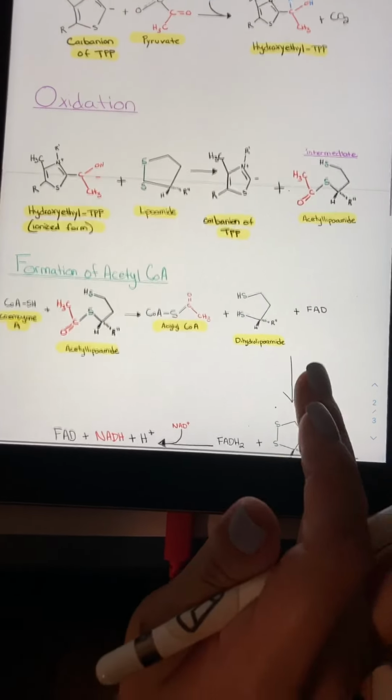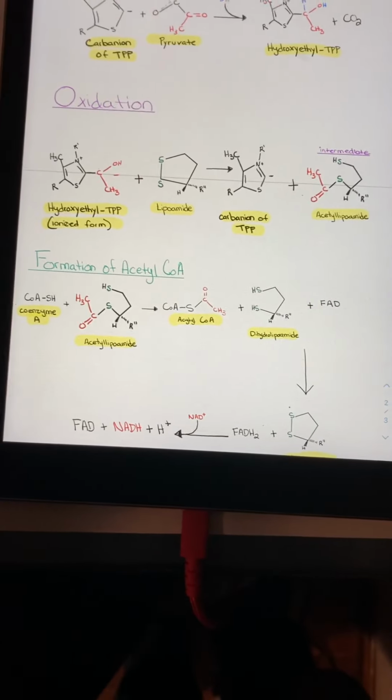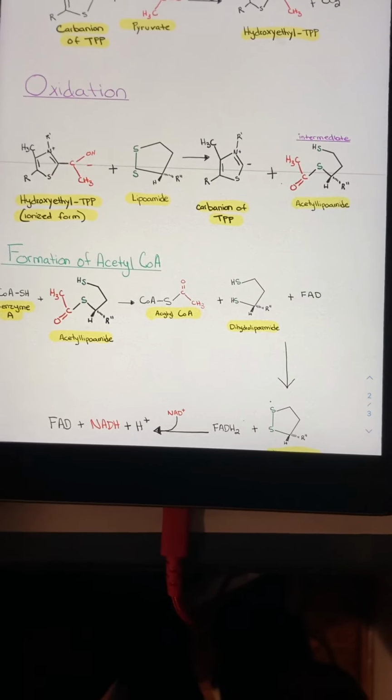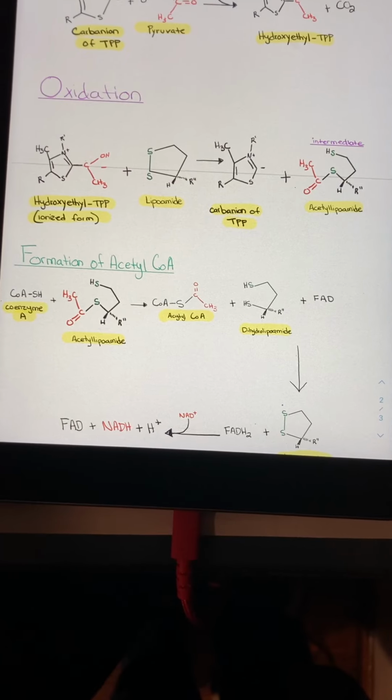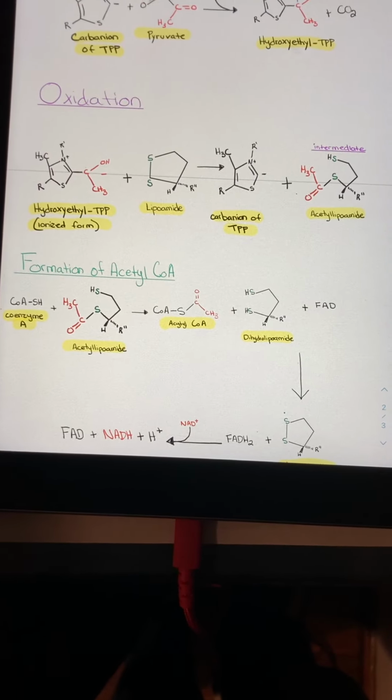So once the acetyl group has been attached to the TPP in the E1 subunit, the oxidized form of the lipoamide cofactor enters the subunit.